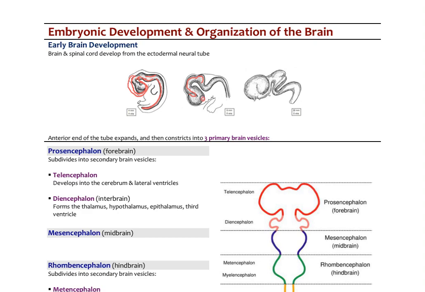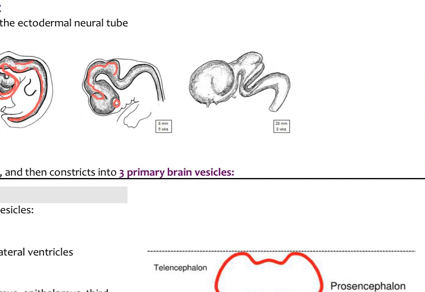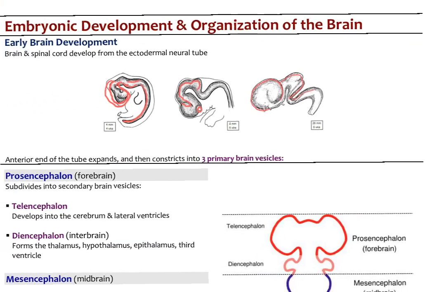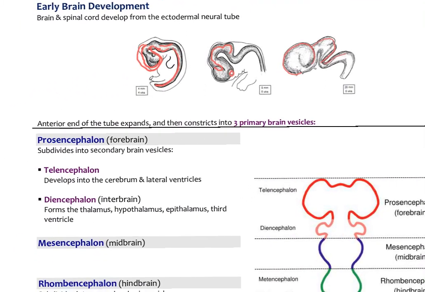And if we look at this last diagram, this is at 8 weeks. Now we can see the cerebrum developing pretty clearly. Here is going to be parts of the brainstem itself, and then here we have the spinal cord. So that's the basic development of the brain from the neural tube.